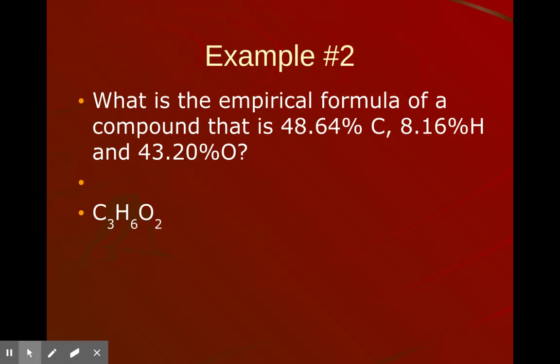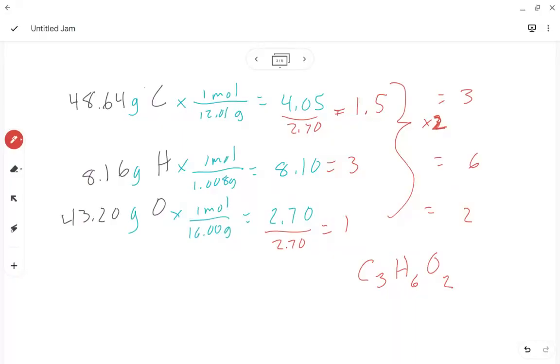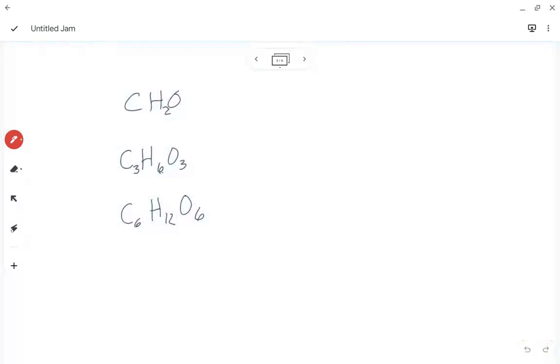All right. Now, there is a problem with empirical formulas. If we remember back from the initial bullet point of the slideshow for today, it says empirical formula is the simplest ratio of elements in a compound. And the reason this creates a problem is, let's consider these 3 compounds right here: CH2O, C3H6O3, and C6H12O6.